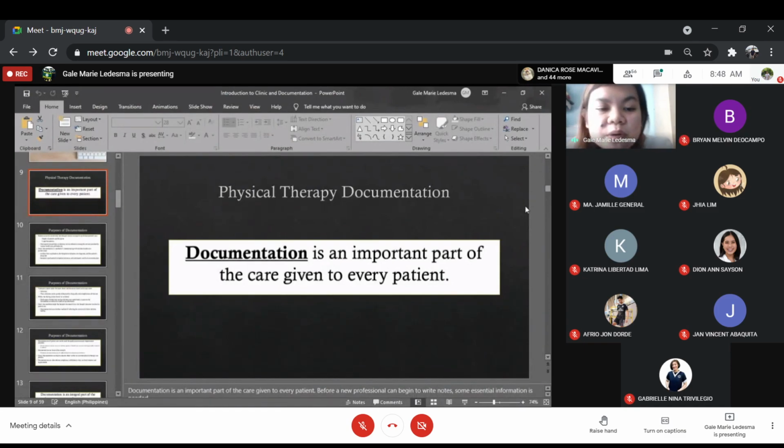So documentation basically talks about the patient, whether your patient responded to all of your treatments, or what treatments and interventions you will give to the patient. This is also a form of communication, a very important communication tool, not only for physical therapists but for any other healthcare professionals under the care of our patient.